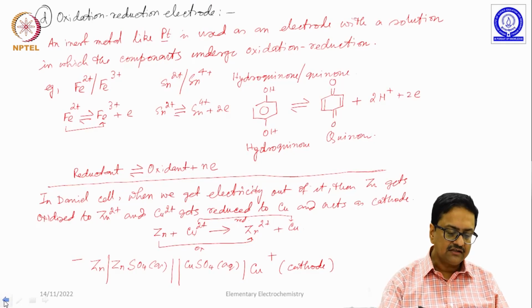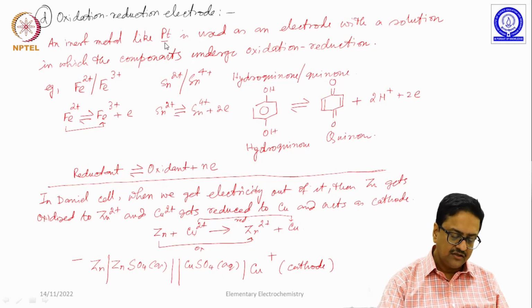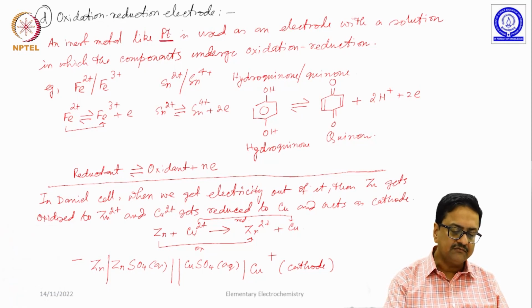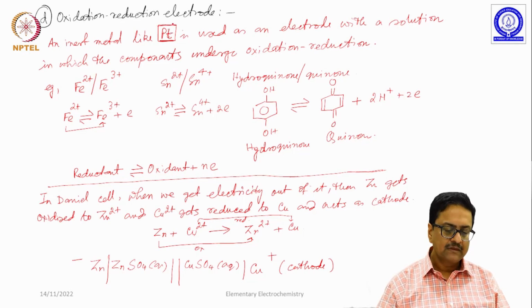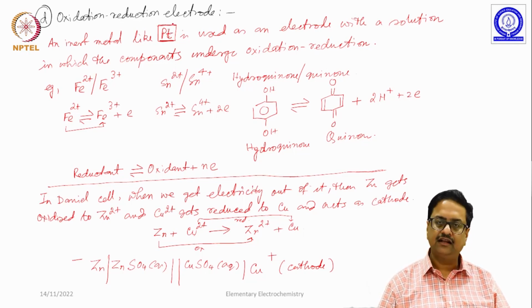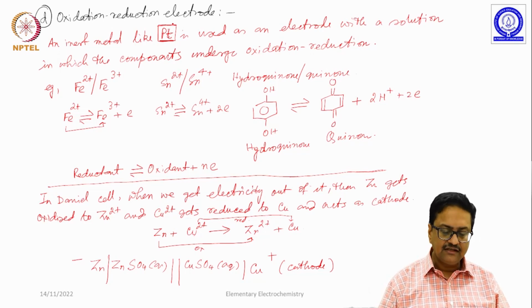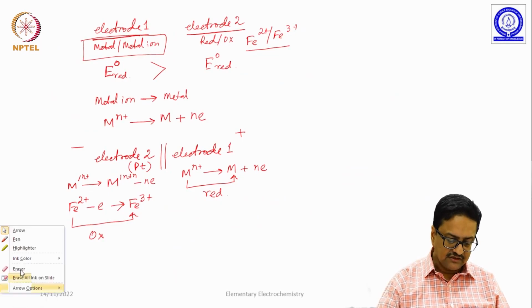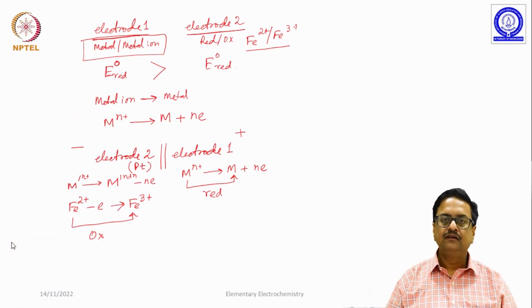If you go back here, you can also see that we said we will have to use the inert element platinum as an electrode to do the electrical connectivity, and that electrical connectivity will enable you to do this reaction in the cell, right?